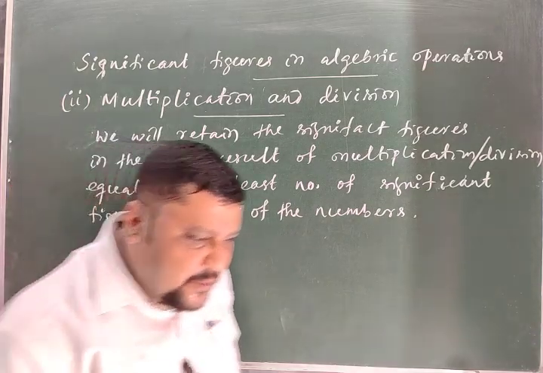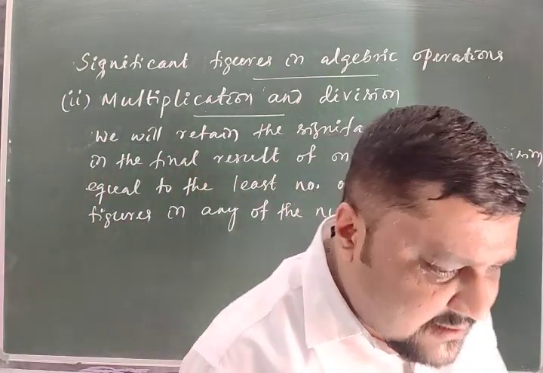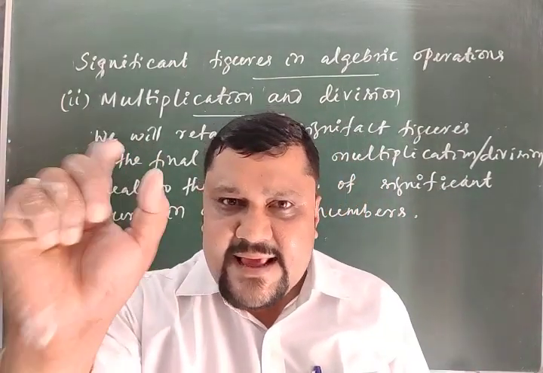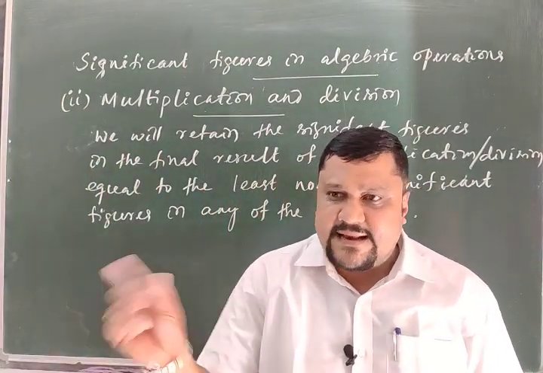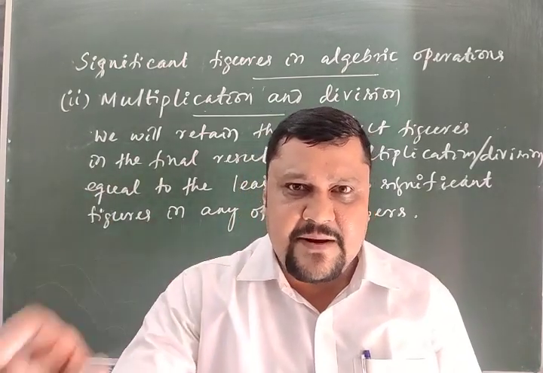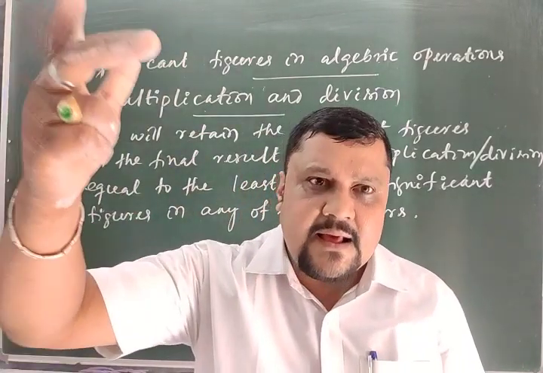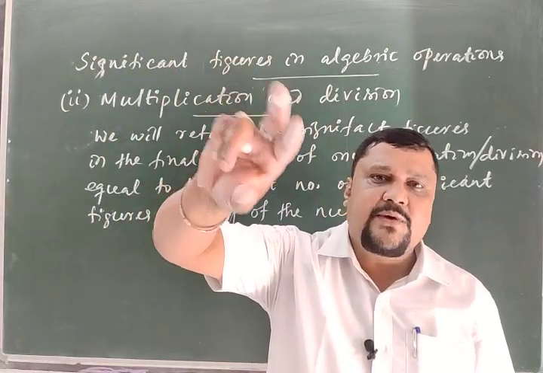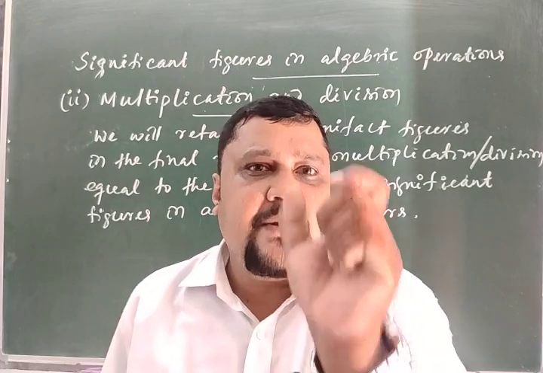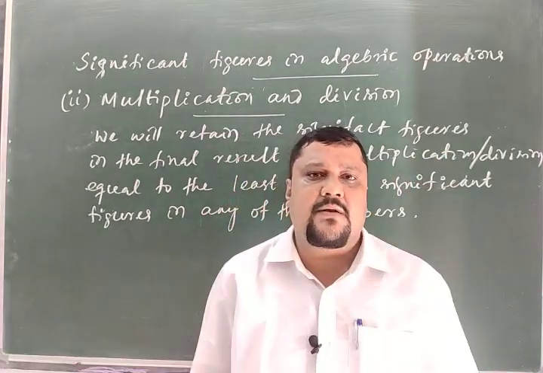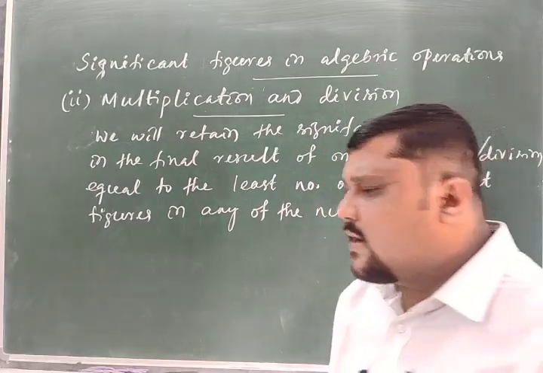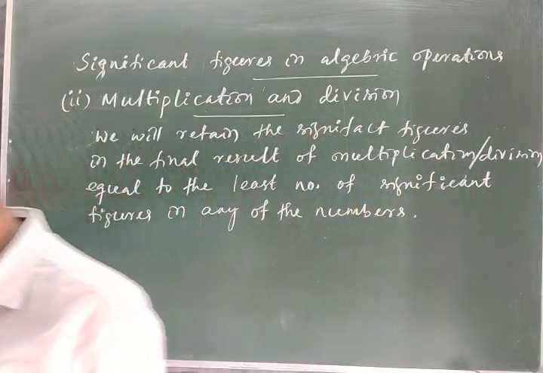Means when we are doing the multiplication or division, calculate the significant figures in each of these numbers, and in the result we keep the least number of significant figures among the numbers used in the operation. Means we are operating the things like that.